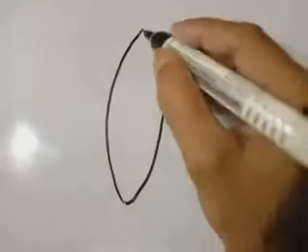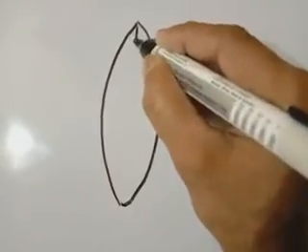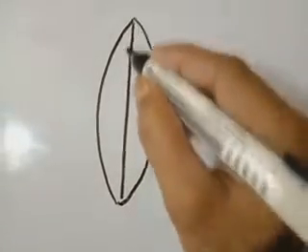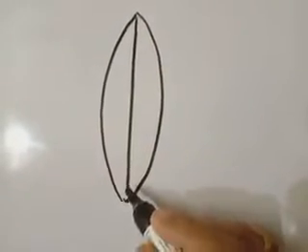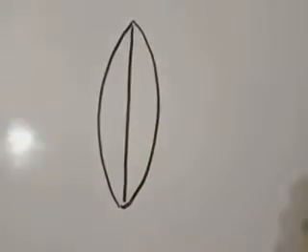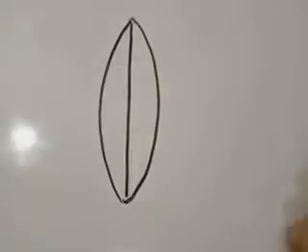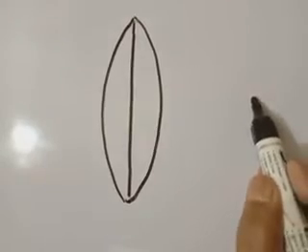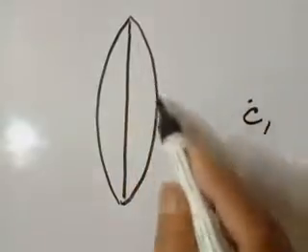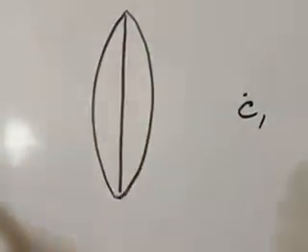This is a convex lens. This is the effective diameter of the convex lens. This effective diameter is known as the aperture, and I have told you this portion is made up of a spherical surface. So this spherical surface has a center. Suppose this is the center, we will consider that C1, and the other spherical surface also has a center.